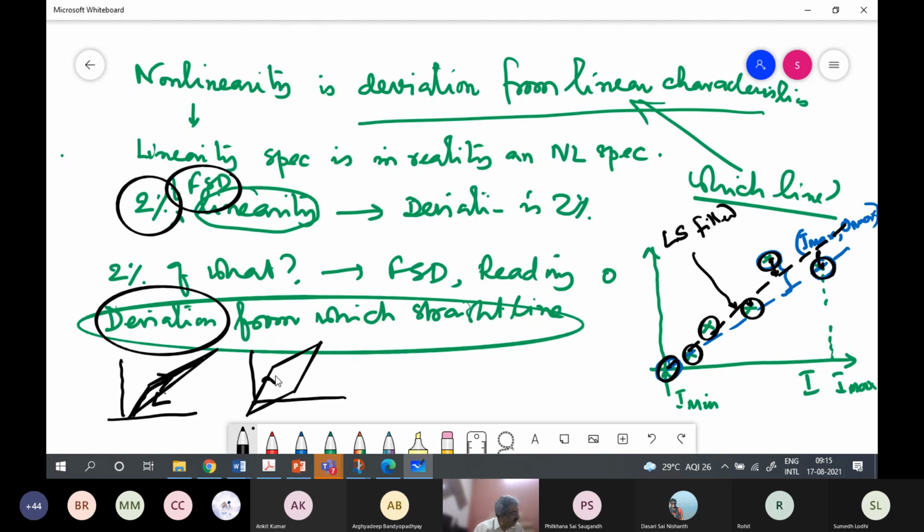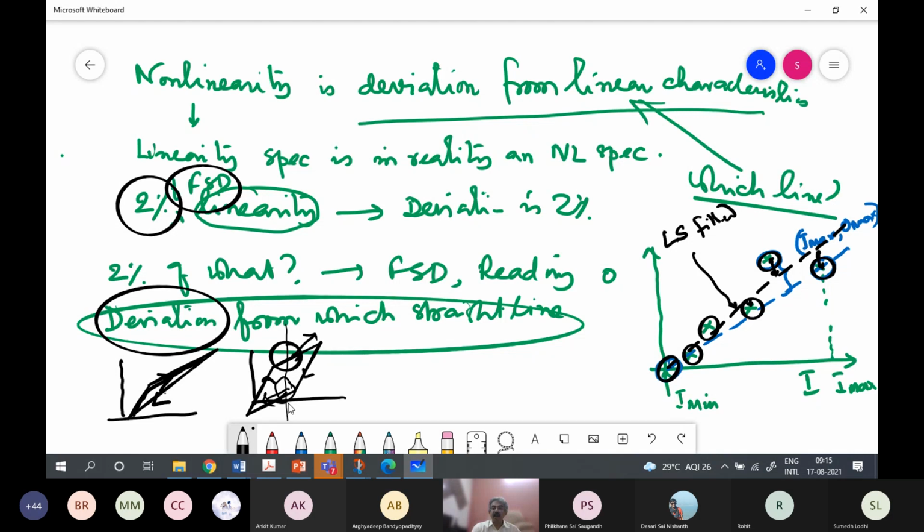So if these paths are significant, then you can understand that we cannot say what the output value is for a given reading, because it may be different depending on whether the input is increasing or decreasing.